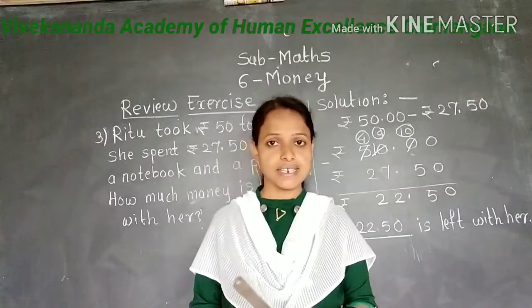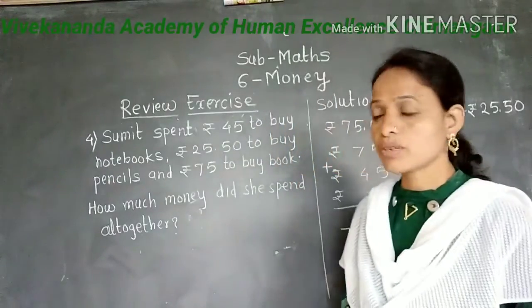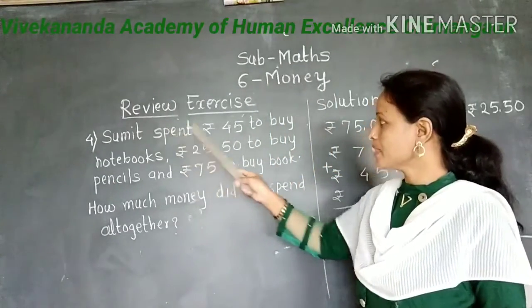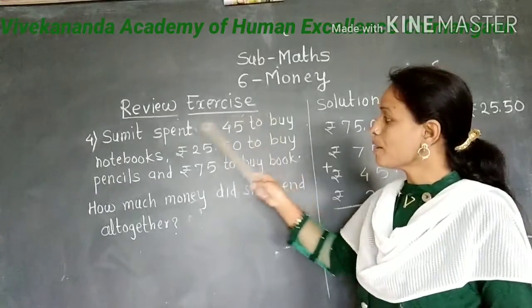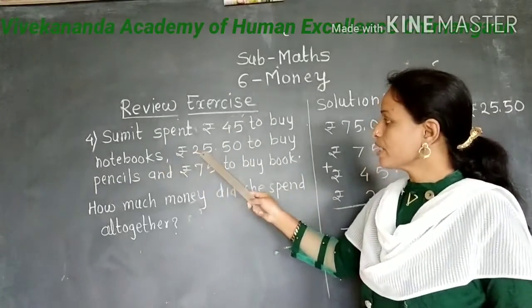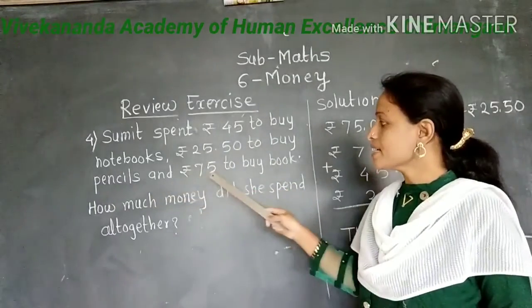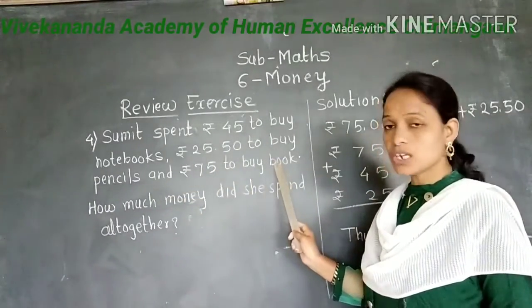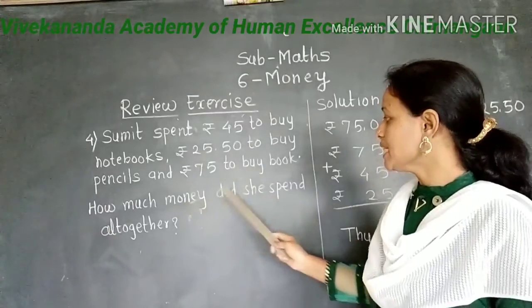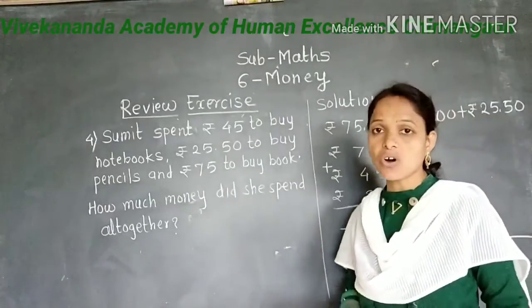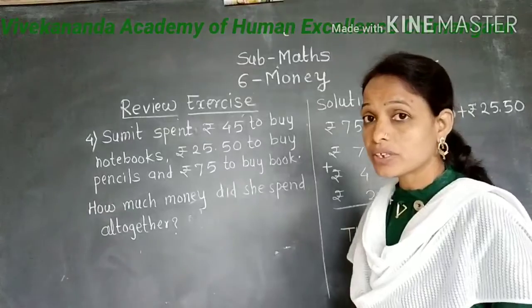Understood how to find its answer? See the next word problem. Sumit spent 45 rupees to buy notebooks, 25 rupees 50 paise to buy pencils, and 75 rupees to buy a book. How much money did he spend altogether? Look here.